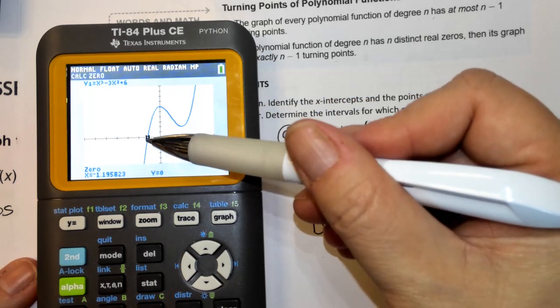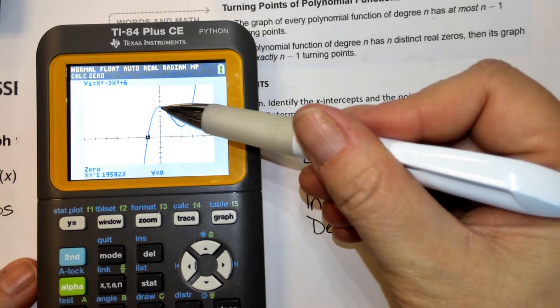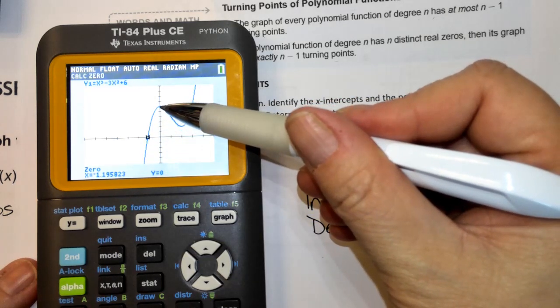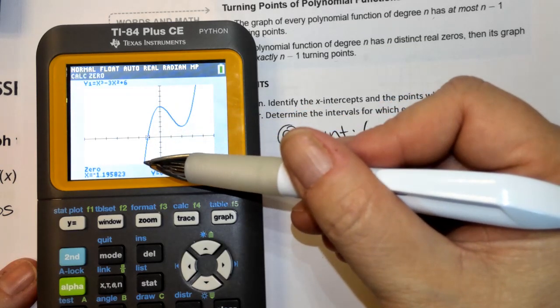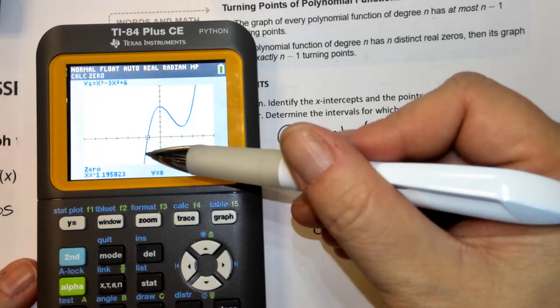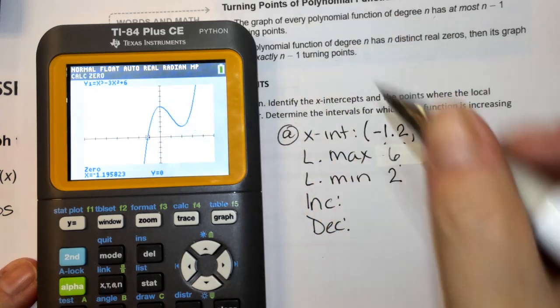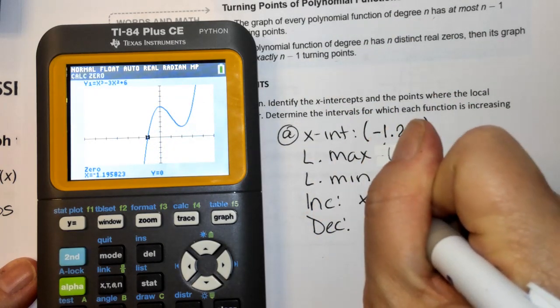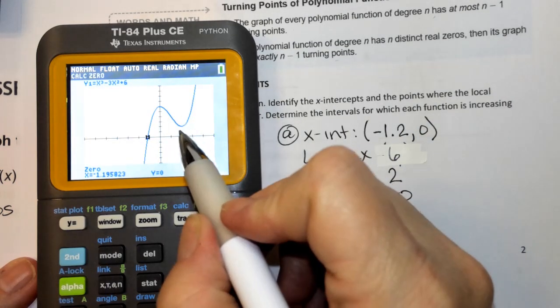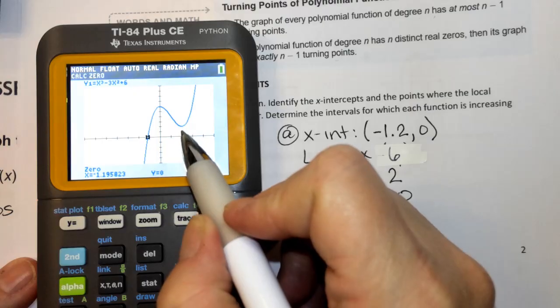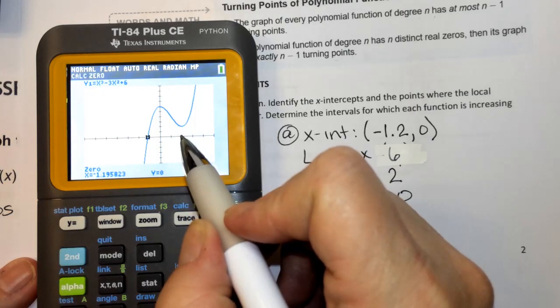So our graph increases until it hits the local max. What is the x value here? It is 0. So we would say that our graph increases from the left of 0, which is when x is less than 0. All right, it increases again once it hits this local minimum, which is when x is 2.